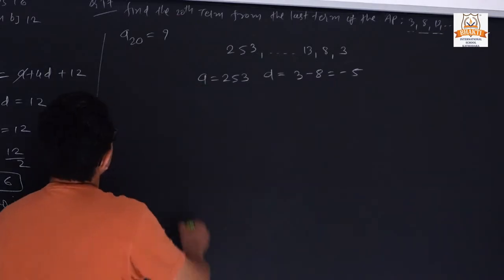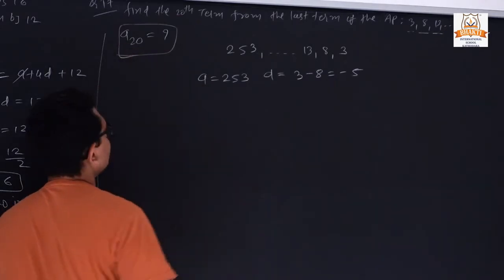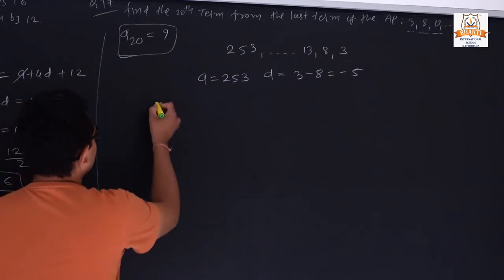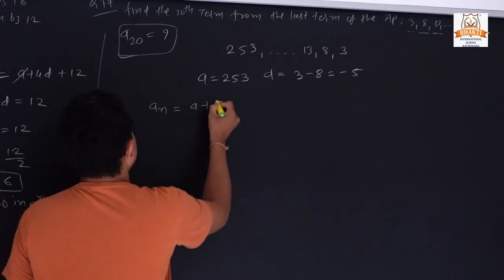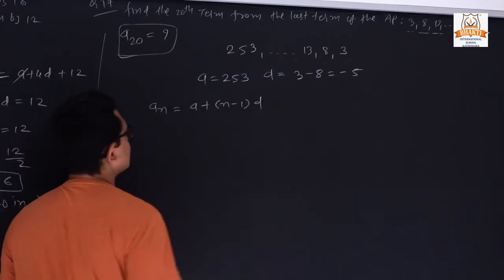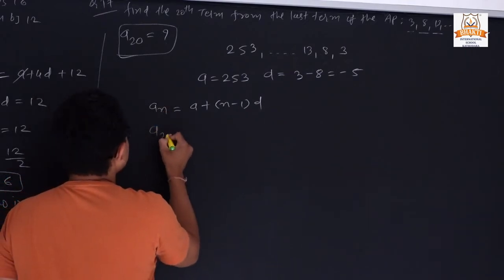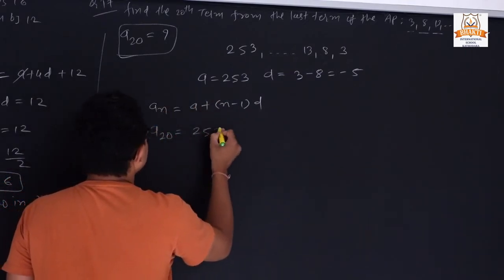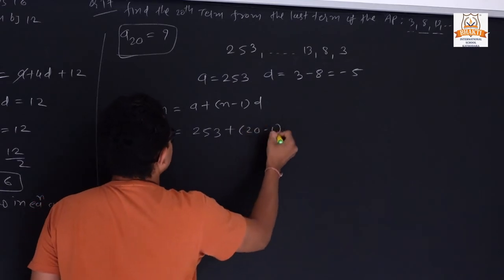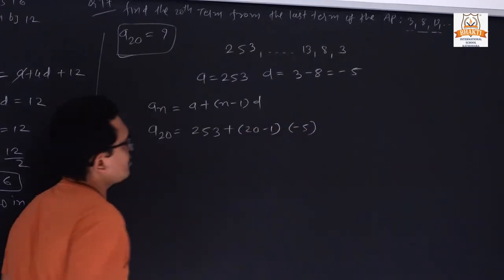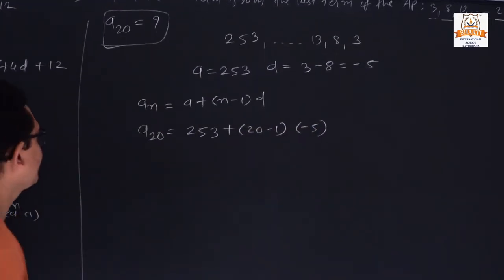Now next, we want to find out the 20th term. So an is equal to a plus (n minus 1) into d. What is an? It is a20. What is a? 253, plus 20 minus 1, and d is equal to minus 5.